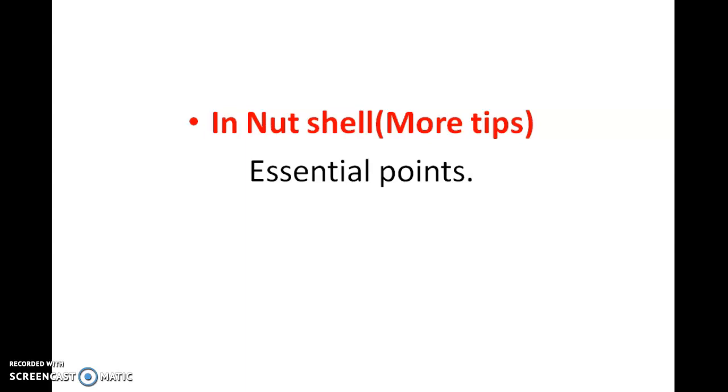Along with that, if possible, take a lead pencil or a small marker while reading, and whenever you come across important points or ideas or topics, sub-material or some essential points, try to underline them or highlight them with a mark.